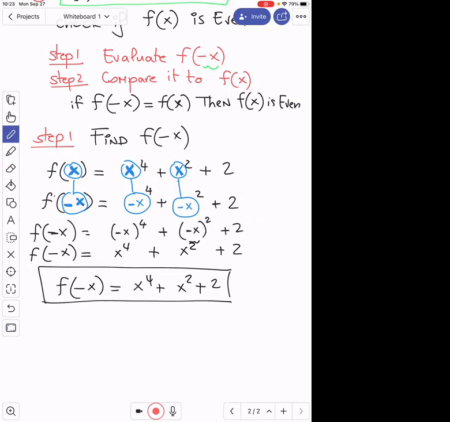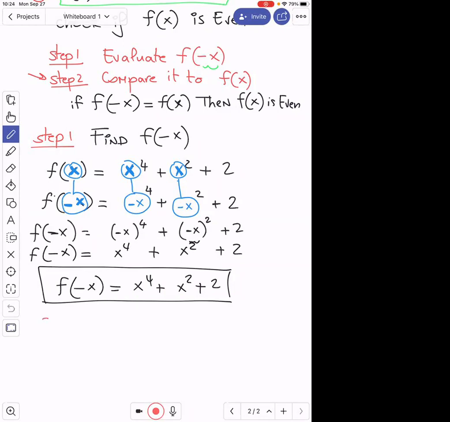Any question about this first step, guys? You see how it works? All right, perfect. That's my first step: I got my f of negative x. Now in step number 2, I'm supposed to compare my answer to the original function f of x.